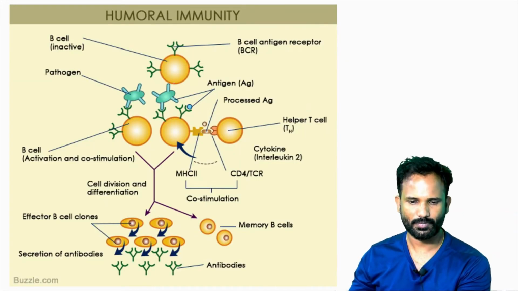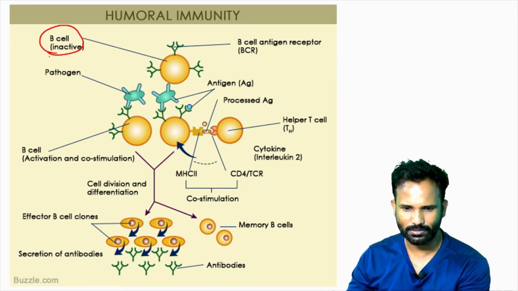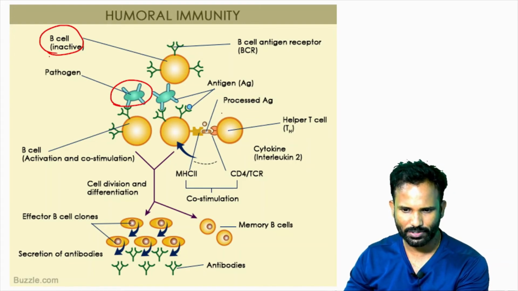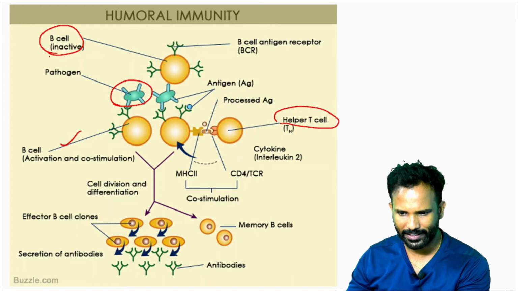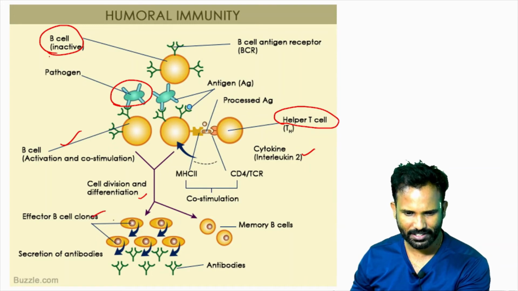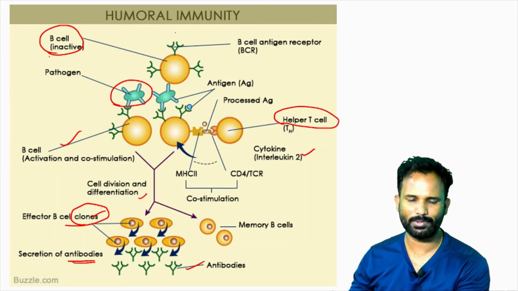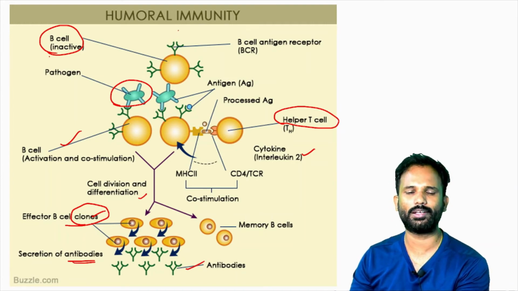So the B cell which is inactive, whenever a pathogen binds to it, will get activated, and the B cell can also be activated by the T helper cell by interleukin 2, and this will cause differentiation and proliferation to produce B cell clones, and these will produce a clone of similar antibodies. This is how humoral immunity happens.